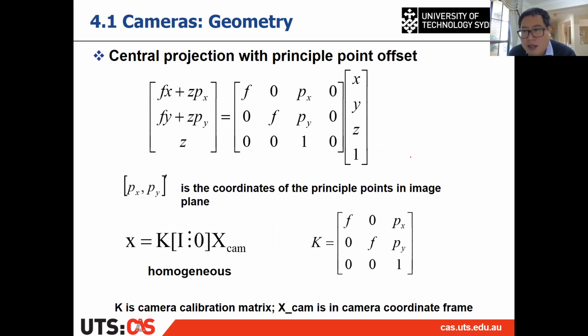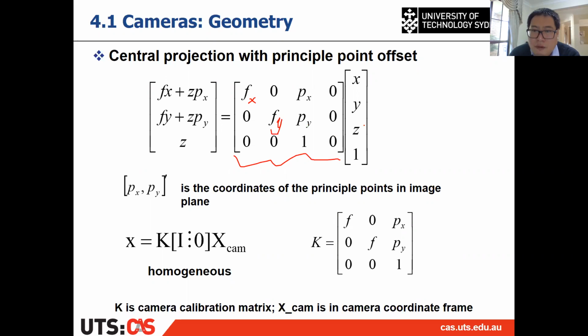All right. This is also again the central projection with the principal point offset, but in a homogeneous matrix format. When you want to calculate this, you need to formulate this 3x4 matrix with the focal length: here is fx, here is fy, and the principal point, and the 0, 0, 0 here.